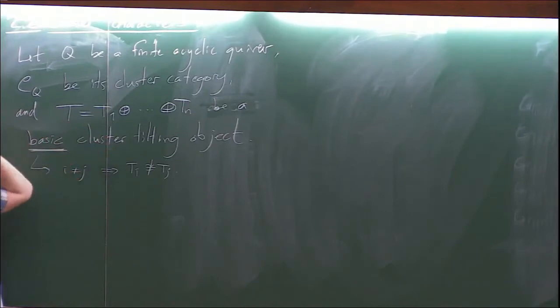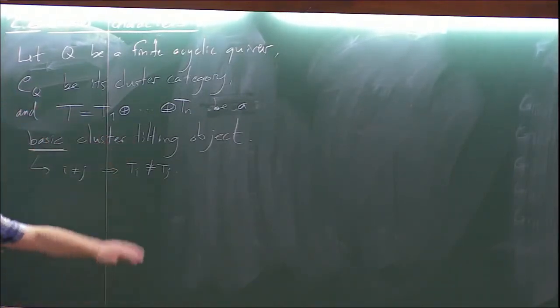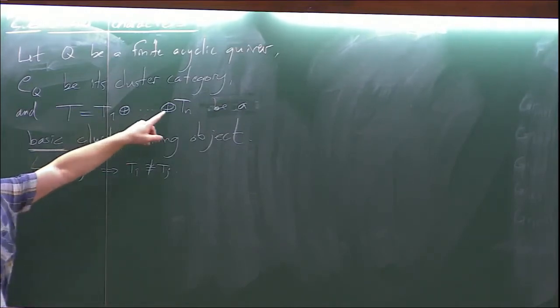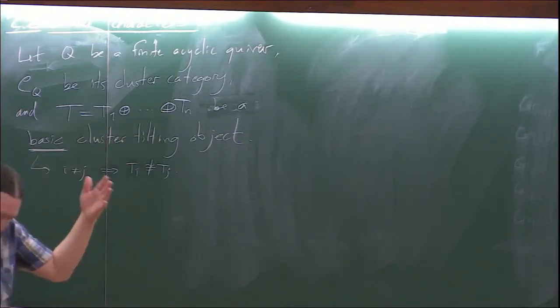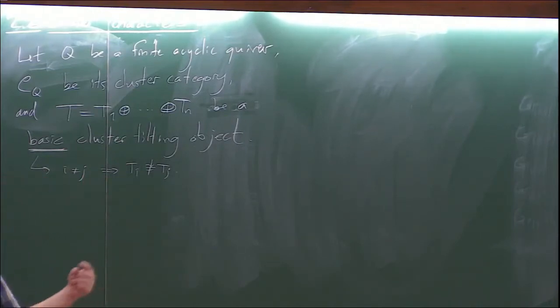In the definition of a cluster tilting object, it's just a homological definition. It's just a vanishing of some Hom spaces. So I could add several copies of each of the Ti, and it would satisfy the definition. But when I took the endomorphism ring, I would get an algebra that is not given by a quiver with relations, and I don't want that.